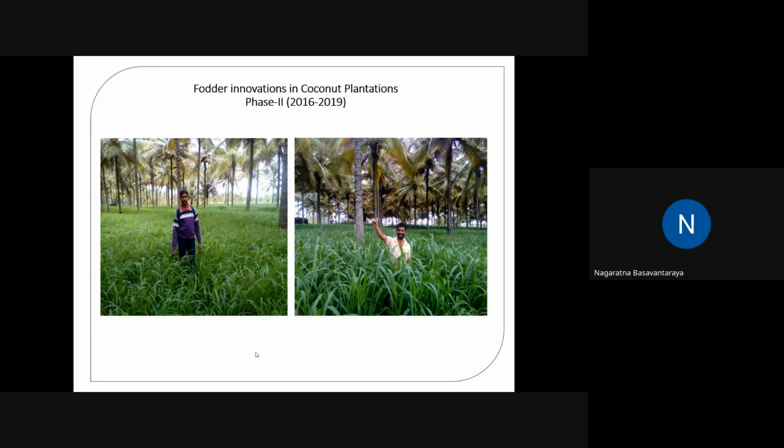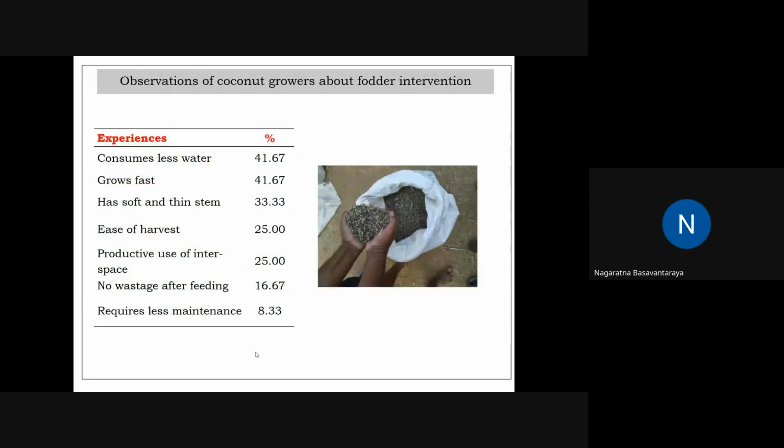So these farmers opted for the perennial fodder sorghum crop, and you can see the beautiful crop stand of this particular fodder crop in the farmer's field. And their observation about this particular crop is, the first thing is it consumes less water.